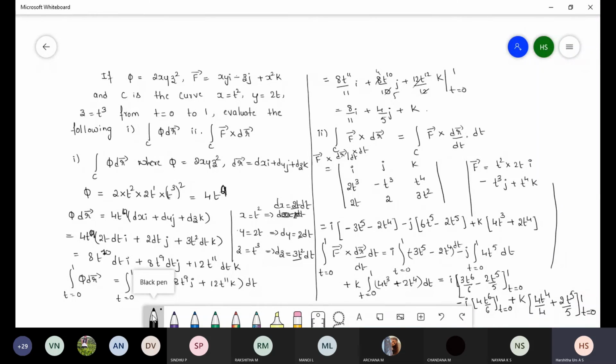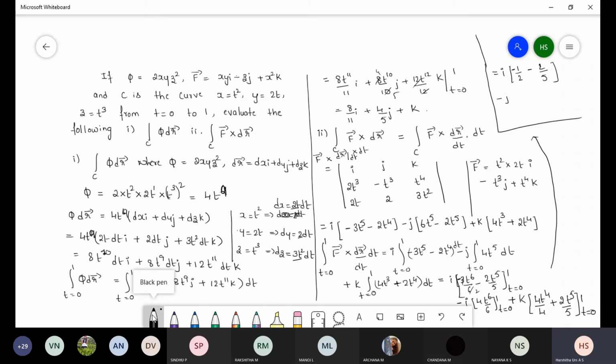Final answer I just write here. First I into upper value, that is 3 ones are 3, twos are, so I will write 1 by 2. Here I forgot to write minus, just mention minus: minus 1 by 2 minus 2 by 5. This is your I value.